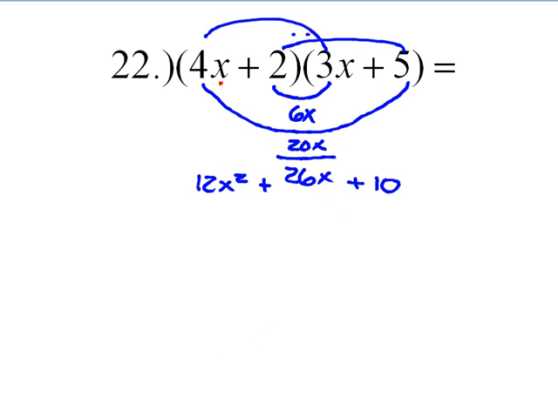Now notice that when given two binomials like this, your first term will always be an x squared, unless there's an exponent here, but it will always be an x squared. Your middle term will always be an x, and your last term will always be a numeral. Okay, your turn.